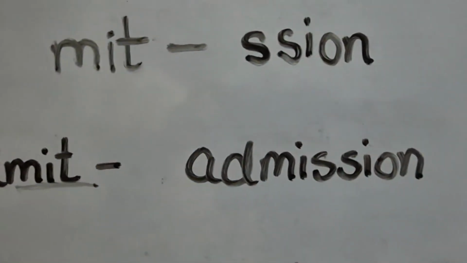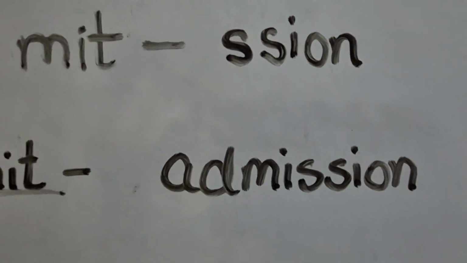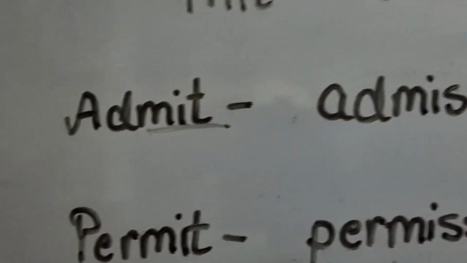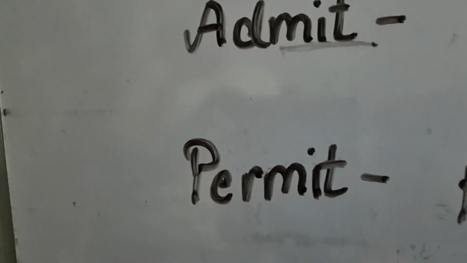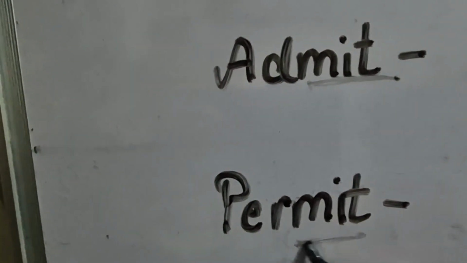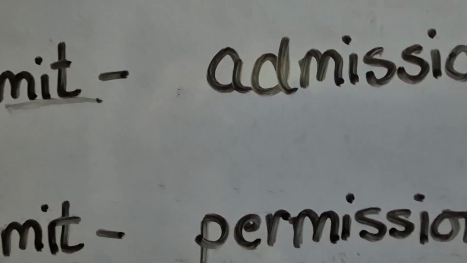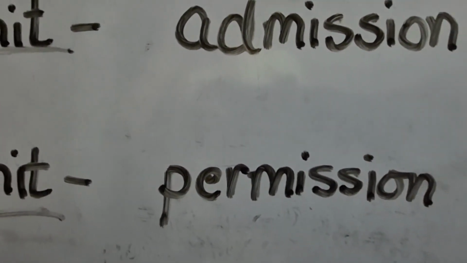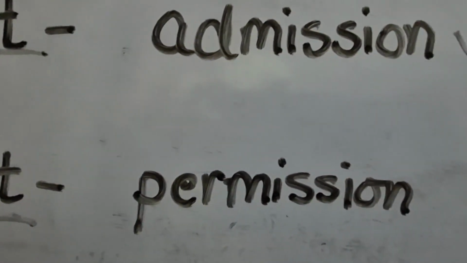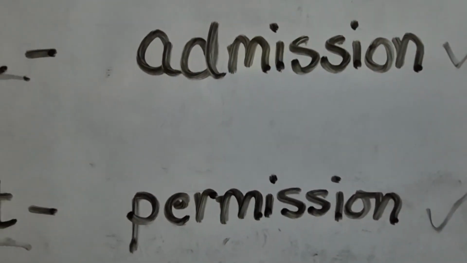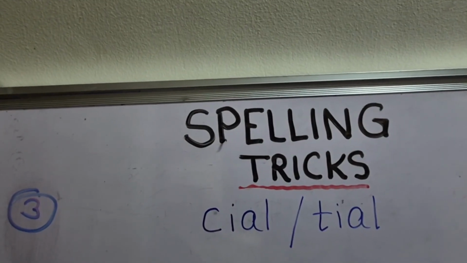Now, we will change it to admission, ADMISSION. Fine. Next word, permit. Again, it has MIT at the end. We will add permission, PERMI. We will remove T and add double SION. Fine, permission.